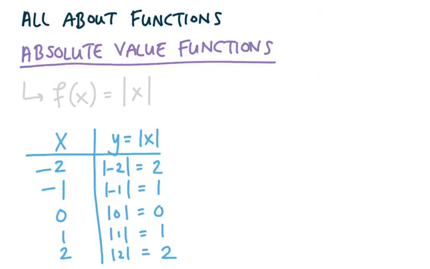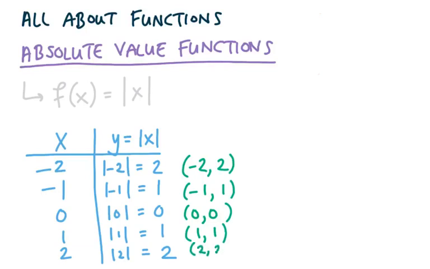Just so it's clear, the ordered pairs that we'll be plotting will be negative 2, comma 2, negative 1, comma 1, 0, 0, 1, 1, and 2, 2. So those come from just taking our x, comma, y pairs. So let's make some space to plot these 5 points.